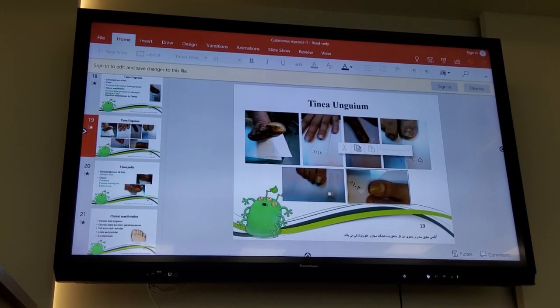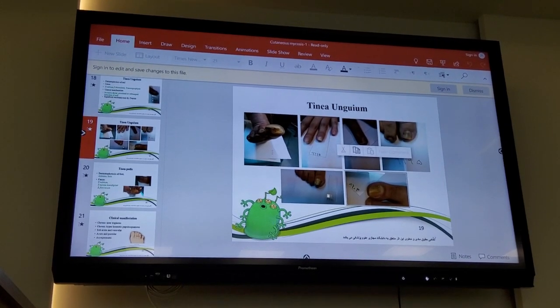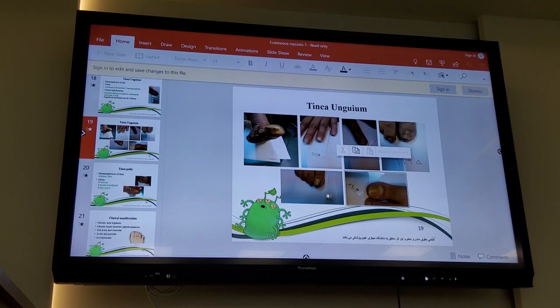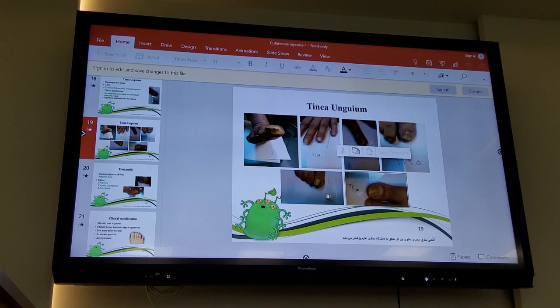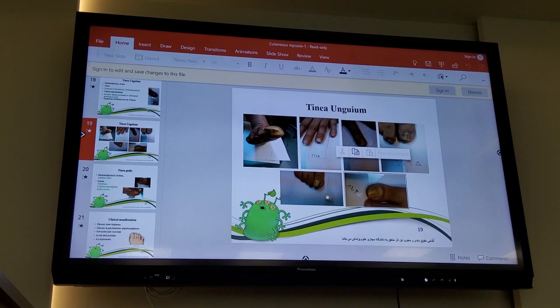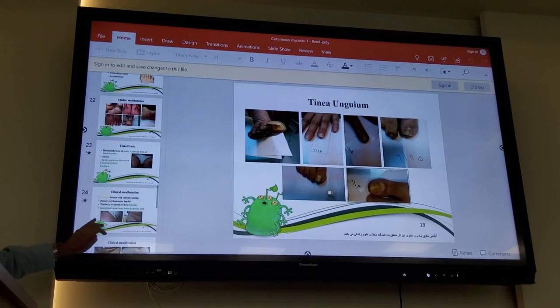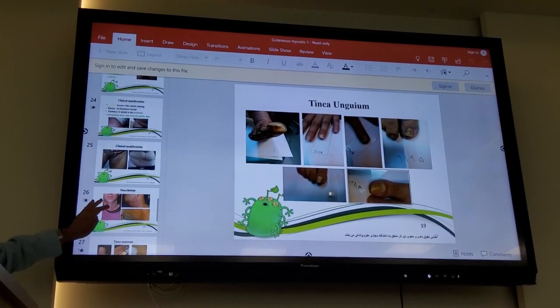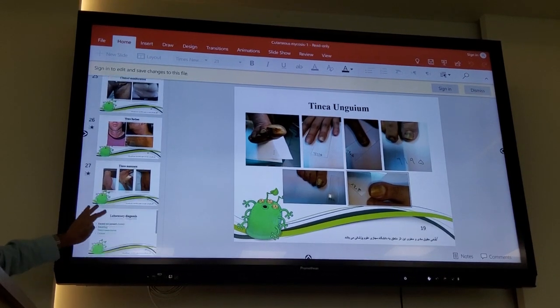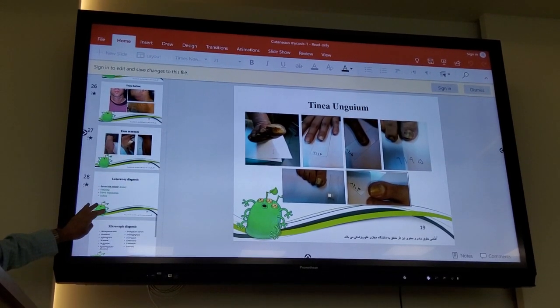At first, in the introduction, I told you some mycelium produce arthroconidia, breaking down from the septum. Dermatophytes in pathogenic conditions produce arthroconidia. I will show the arthroconidia in the laboratory.